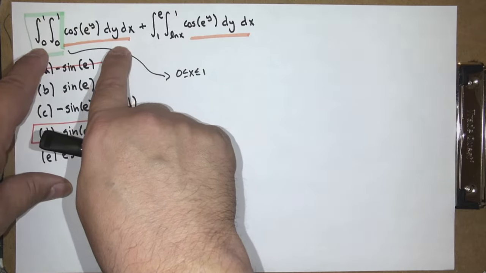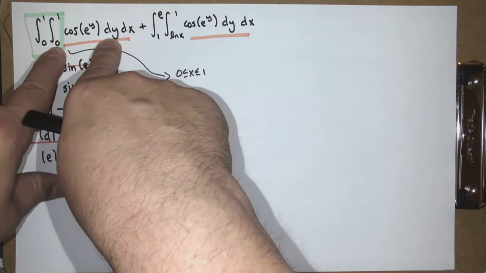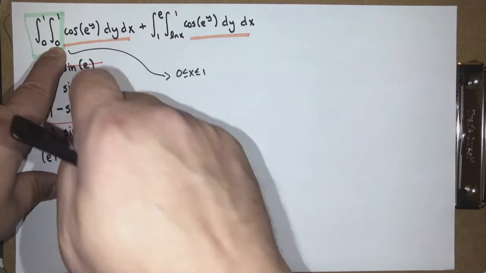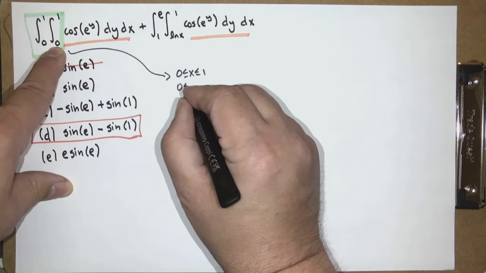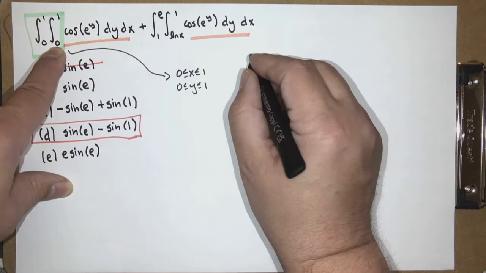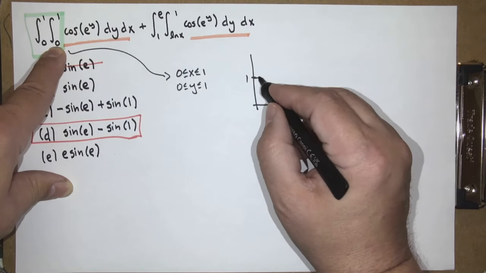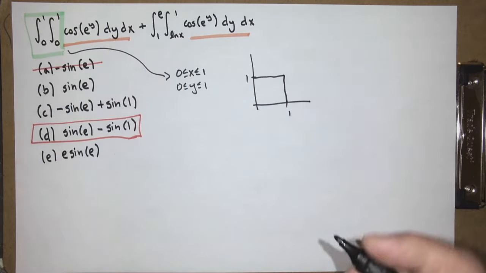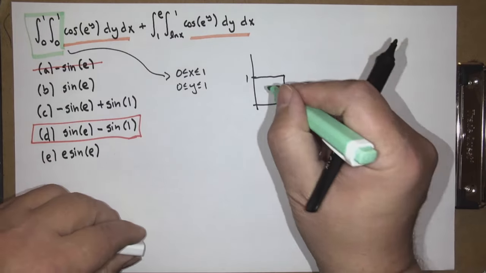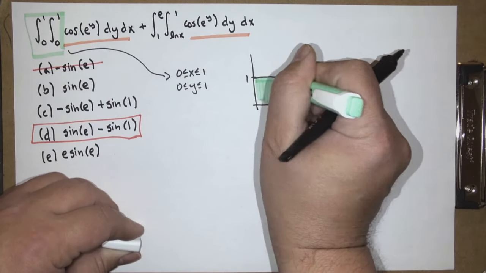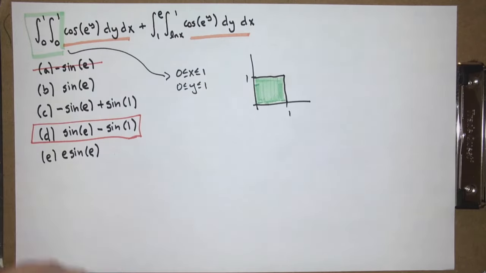The inner layer tells us what? Y bounds, and y is doing what? 0 to 1. So at this point we say, we're going 0, 1, 0, 1. It's a rectangle. Even better, it's a square. Hip to be square. Okay, there we go. That's the first integral.